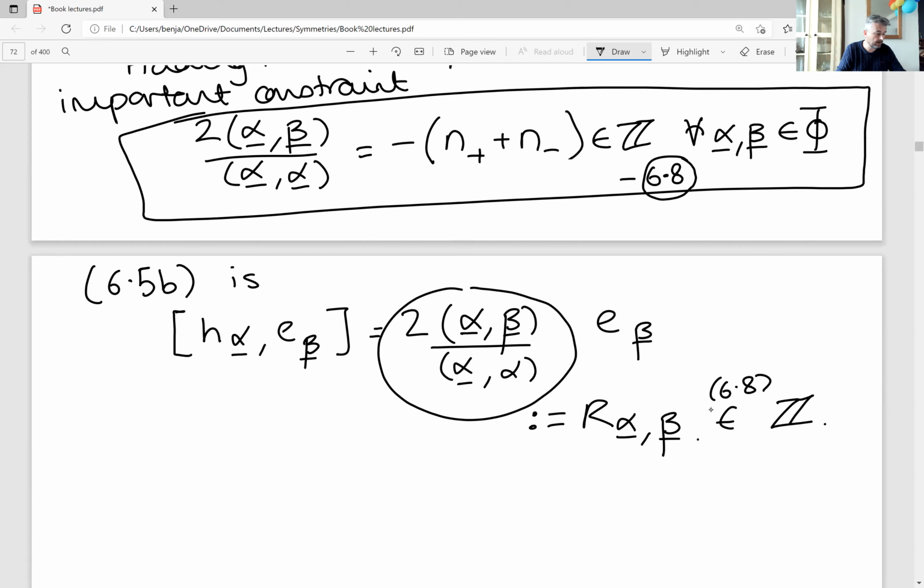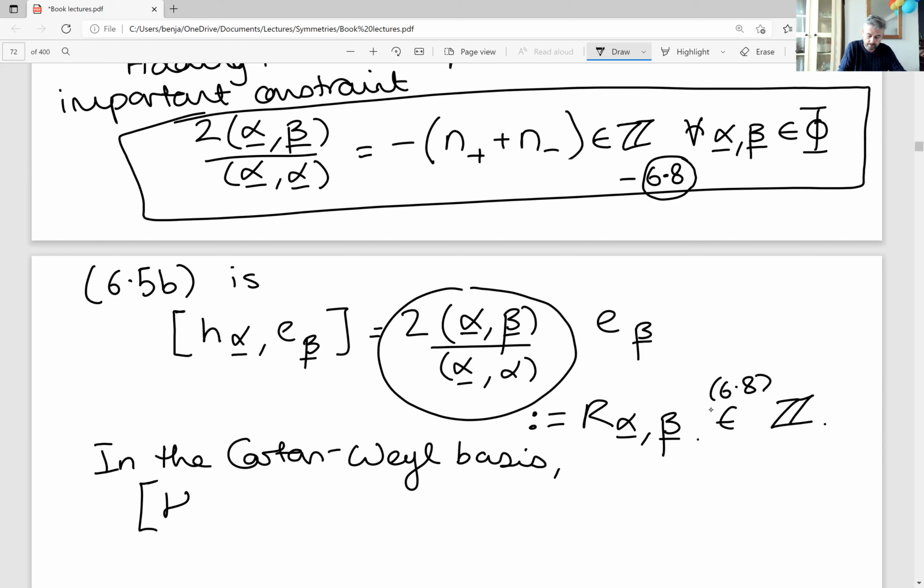So in our Cartan-Weyl basis, going back to the original big H_i elements of the Cartan subalgebra, [H_i, E_delta] is delta_i E_delta.